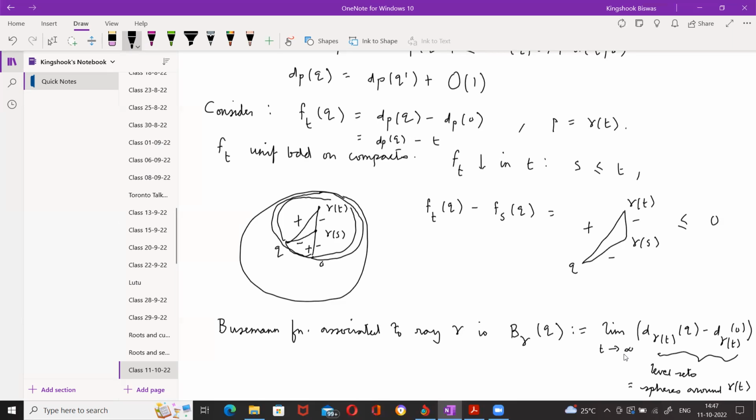In the limit, they become tangent to the boundary. So horospheres by definition are level sets of Busemann functions. Is this all right?